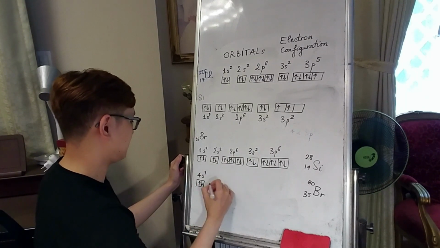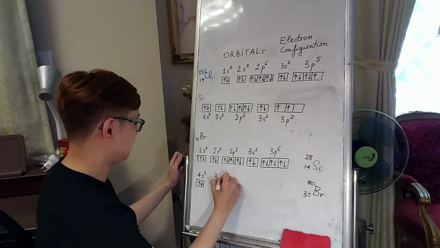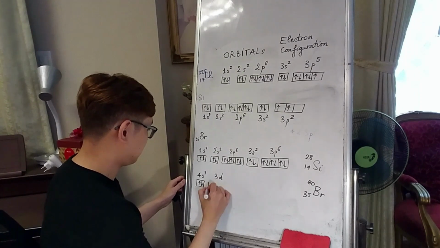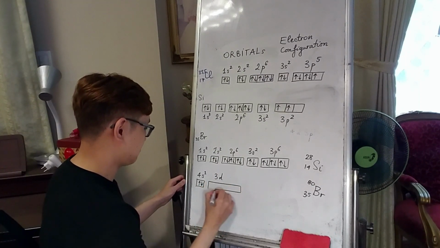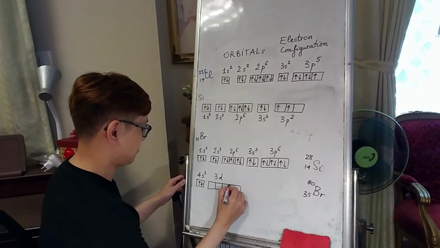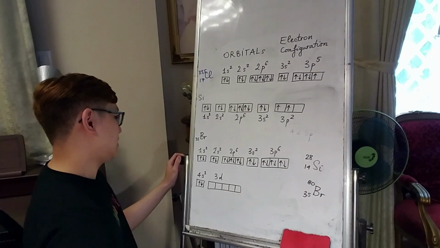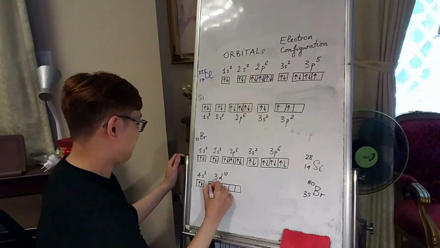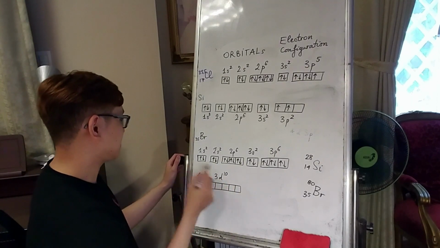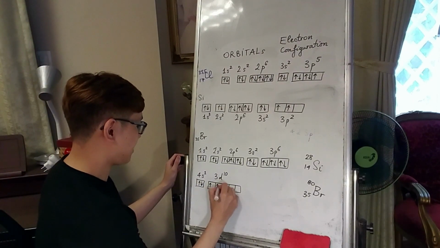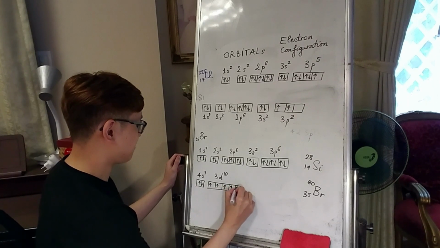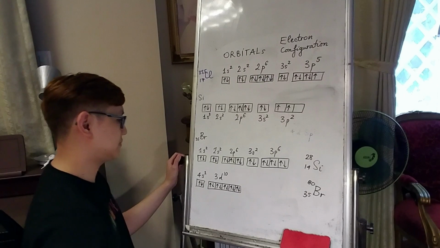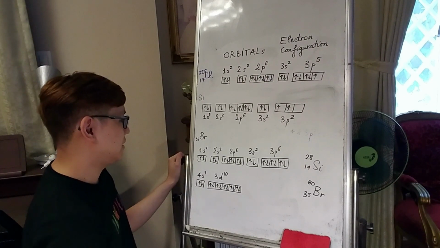That's 20. After 4s, you have 3d. The d has 5 squares. So that's 20, and this is gonna be 3d10, so let's make it 30. Up, up, up, up, up, down, down, down, down, down, according to Hund's rule.